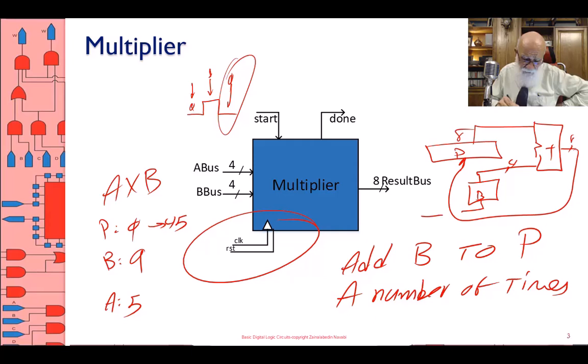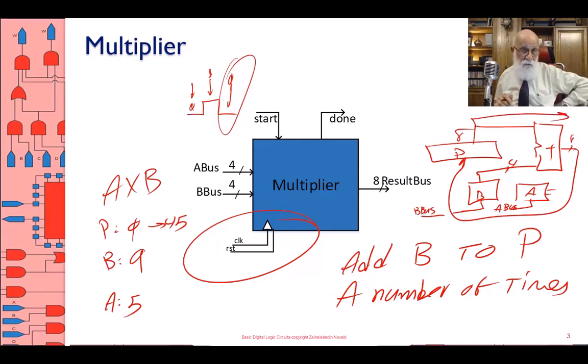This is my B bus coming into B. And then I have another register, which is my A register, and I have the A bus going into that, and that is a down counter. Each time I perform this adding and clocking information into P, I decrement my A counter, and I continue doing this until A reaches 0. When it has reached 0, I say that I have done enough of adding B to P, and therefore P at this time will have my final output.